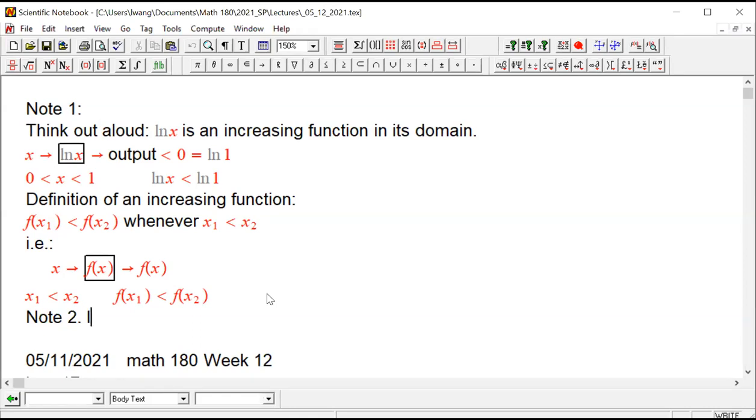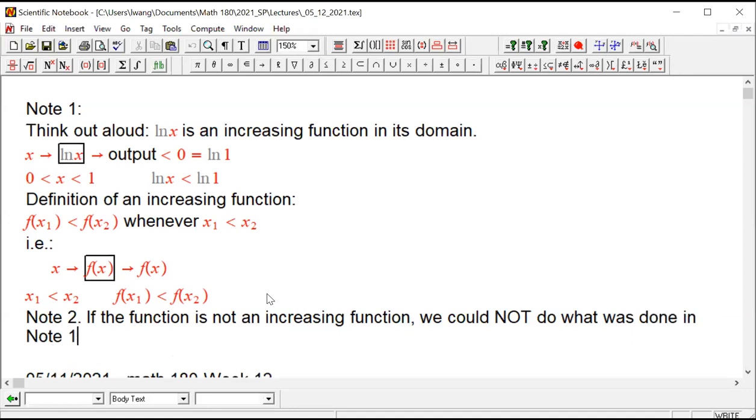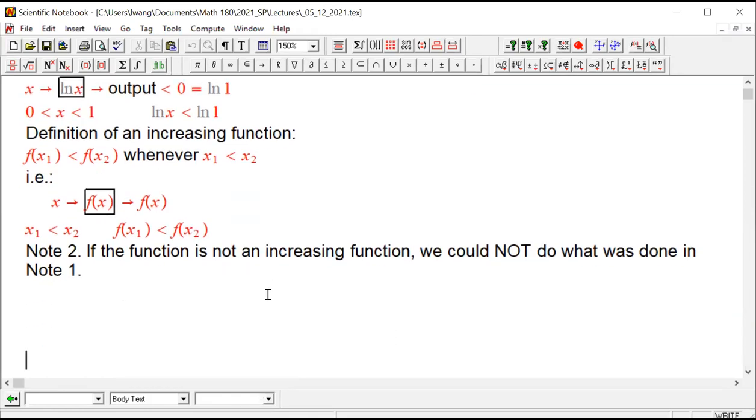Okay, if the function is not an increasing function, we cannot do what was done in note 1. Okay, we cannot do that.